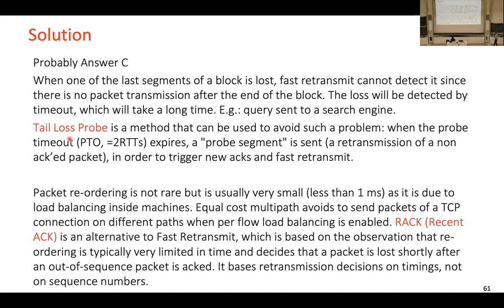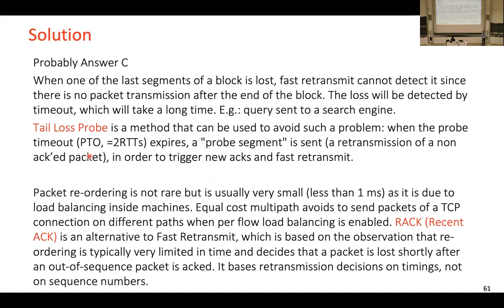And so it will trigger a new ack, and depending on the number of acks we have received before, it can also trigger fast retransmit. So this is a way to have the packet retransmitted quicker than with the retransmit timeout.